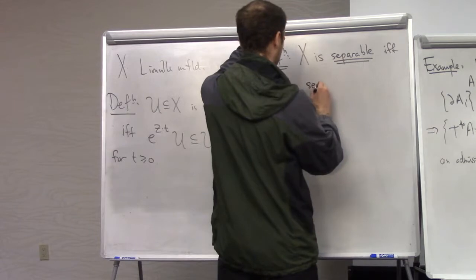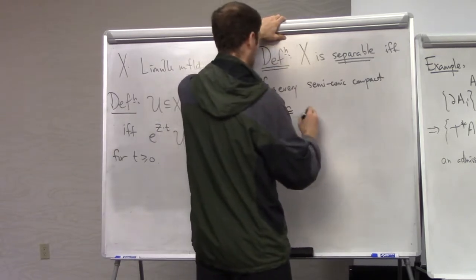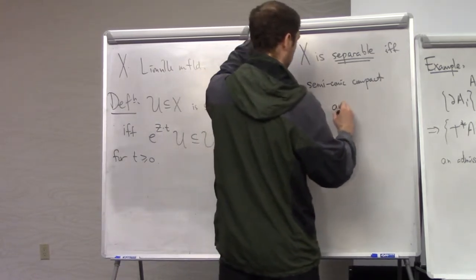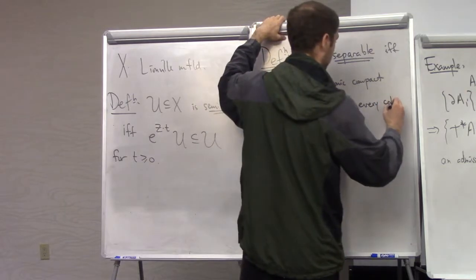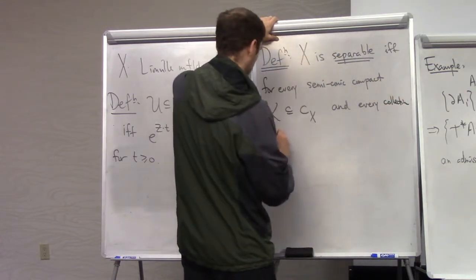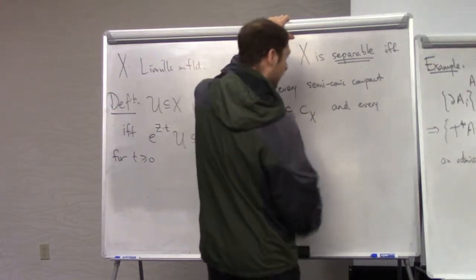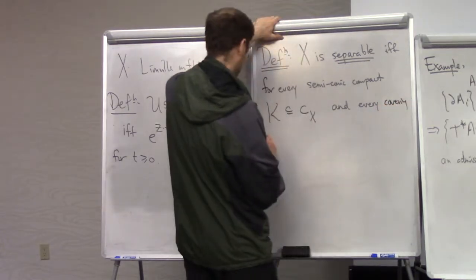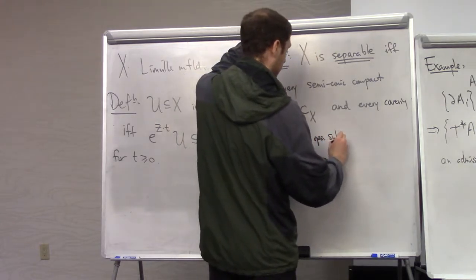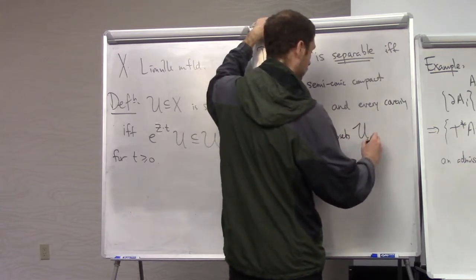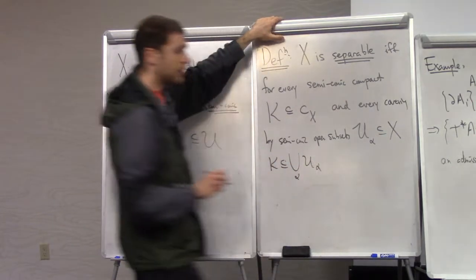So for every semiconic compact K inside the core of X, and every covering of K by semiconic open subsets U_alpha inside X, so that K is contained in them and they cover K, okay.